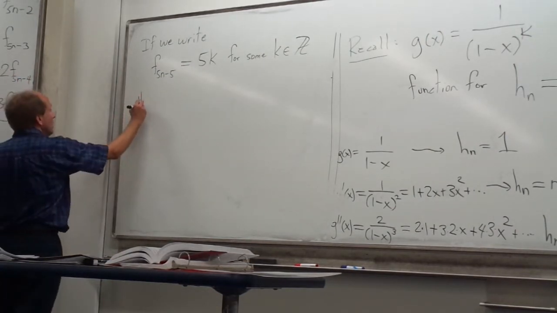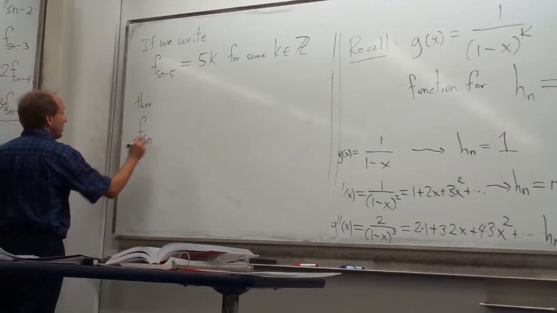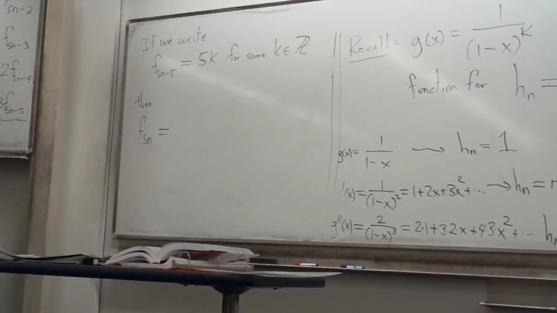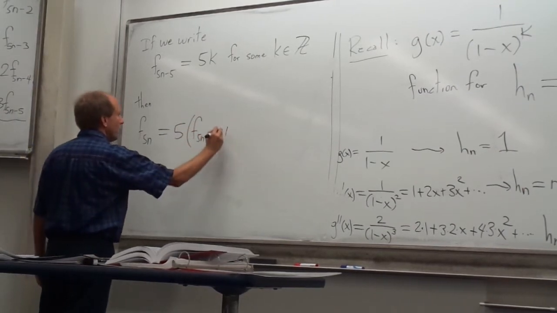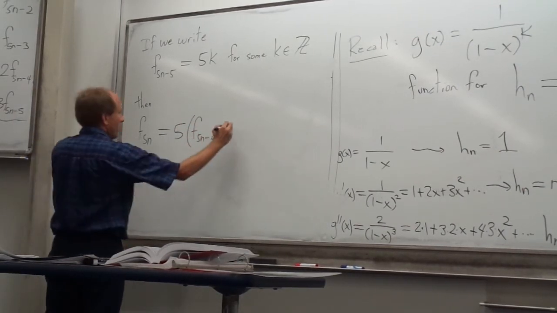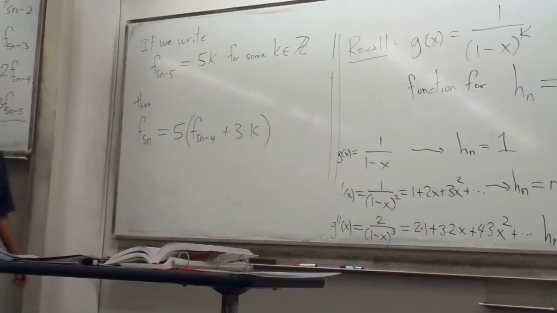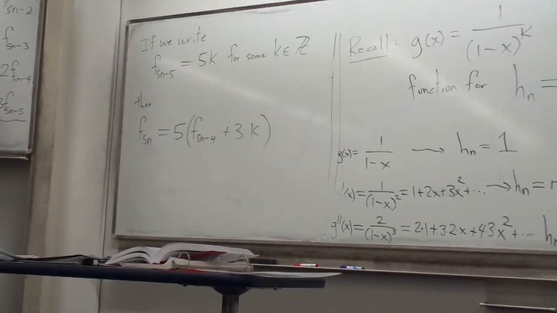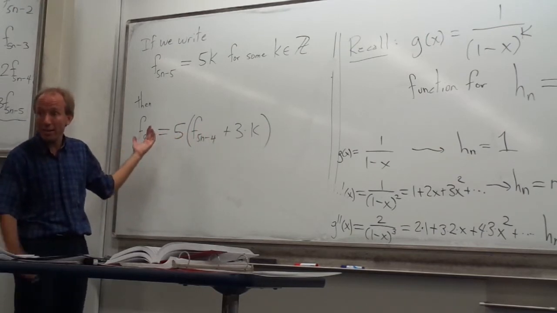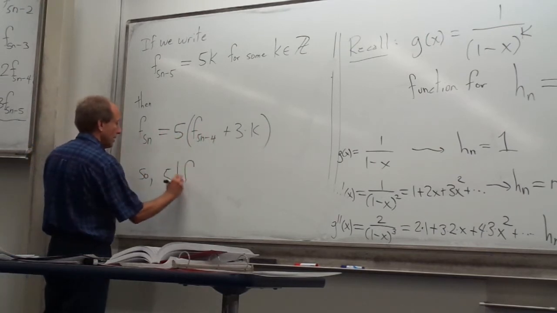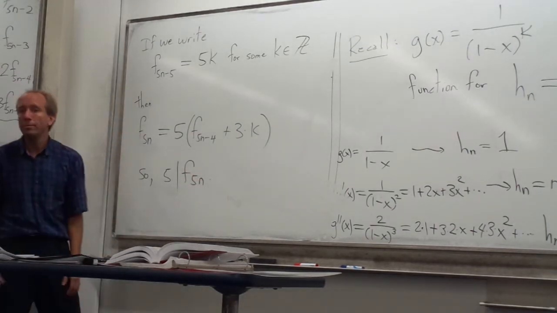Then f of 5n itself is going to be 5 times f of 5n minus 4 plus 3 times k. So here's the 3, and the f of 5n minus 5 has been replaced with 5k, and I pulled the 5 part out already. See that? Why did I want to write it like this? I see the 5 is factored out there, right? So that means 5 divides f of 5n, and we're done.